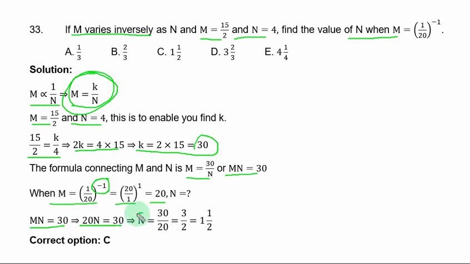To get N, divide both sides by 20, you have this result, which simplifies to this. And when you express as mixed fraction, you have 1 1/2. The correct option is C.